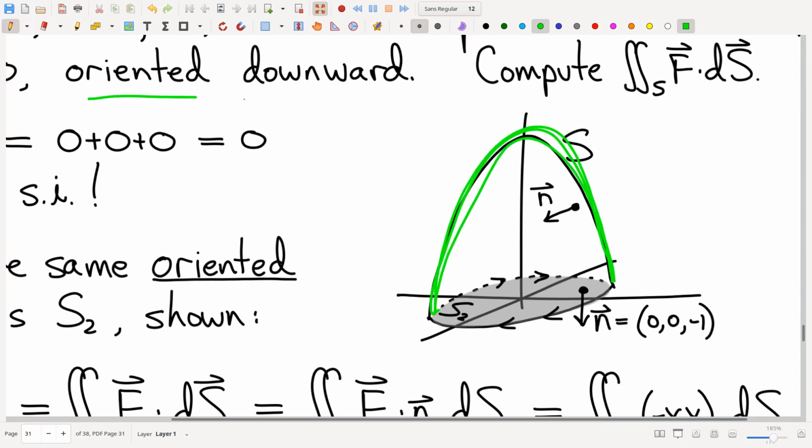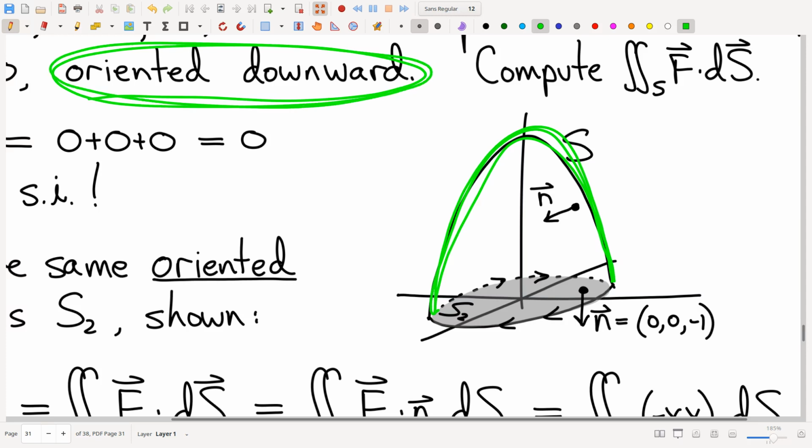And notice it says right here, oriented downward. So now I've got to figure out what oriented downward means. Keep in mind there are two different orientations on any given surface. Our orientations here are what you might call upward. That's one option. And then there's the orientation like this that I think pretty naturally would be the one that we would call downward, right?